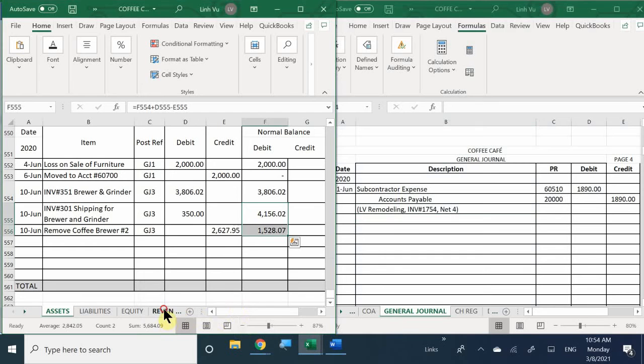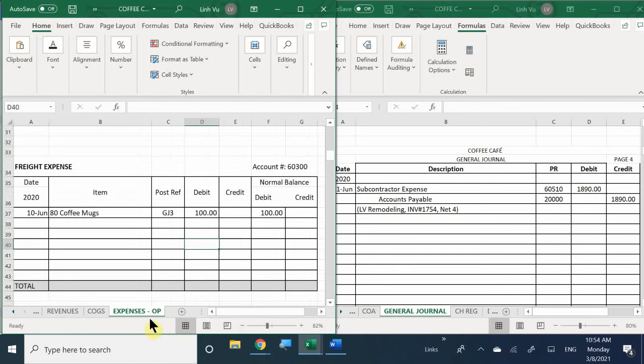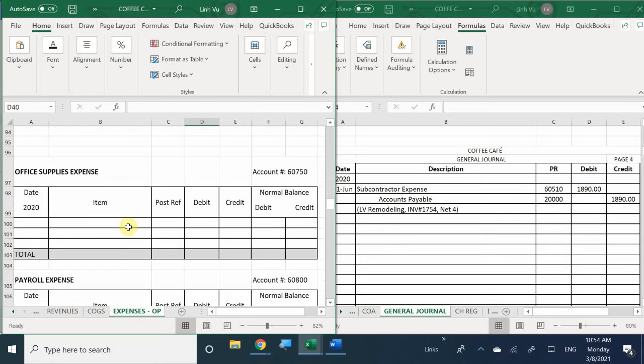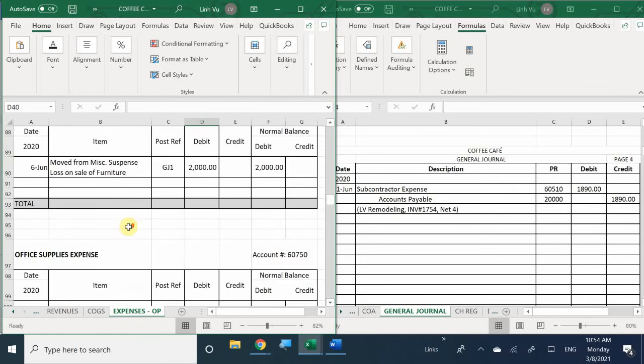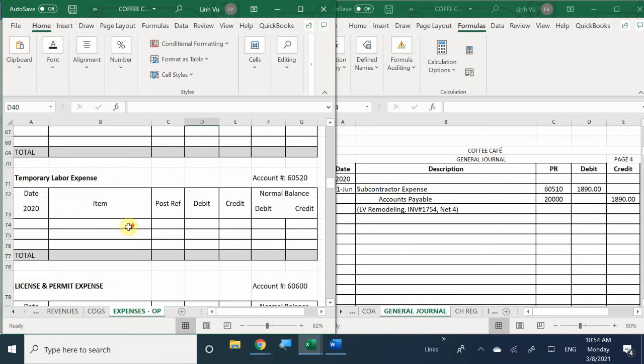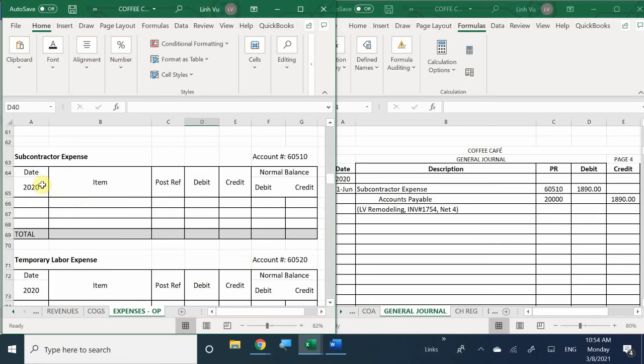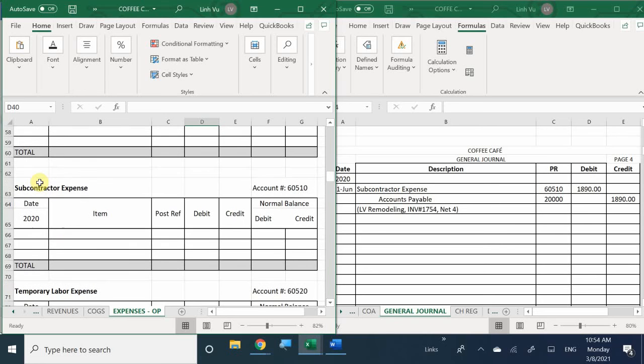First things first is we're going to find or locate our expenses. So this is going to be under labor expenses. Okay. So you have the main account as labor expense, and then it's broken down to sub-accounts such as temporary and subcontractor expense. So in this case, this is a subcontractor expense for the 11th of June.